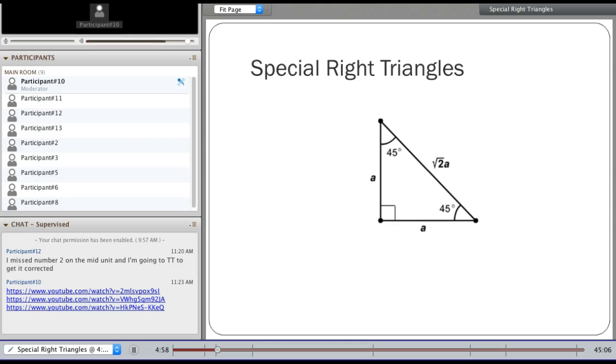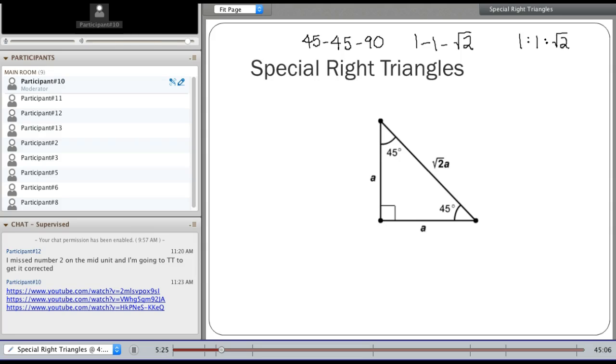Now the first thing you want to know for a 45, 45, 90 triangle, like the one we have on the screen, is what the ratios are. So the ratios are 1, 1, square root of 2. Sometimes you'll see it written with the dashes in there. You could also have the dots in there since it's a ratio.